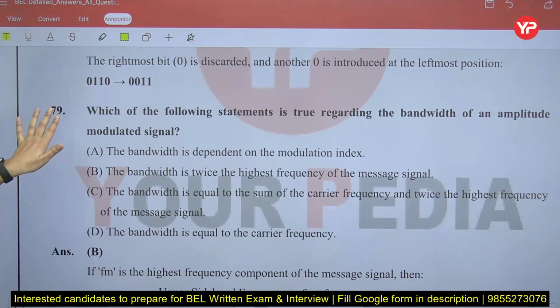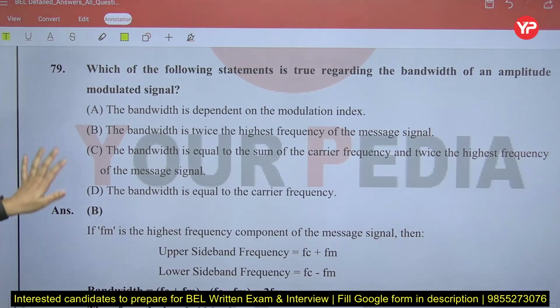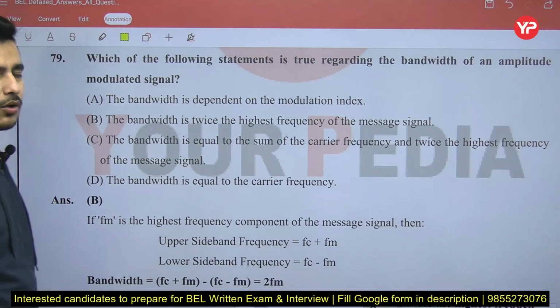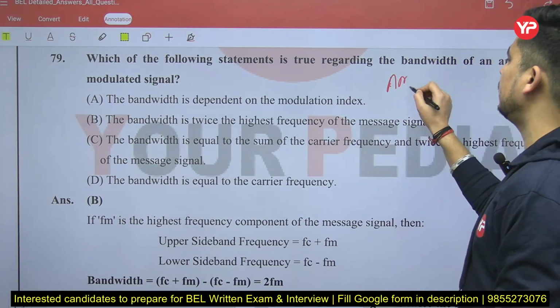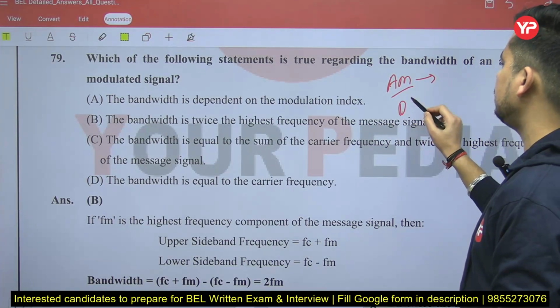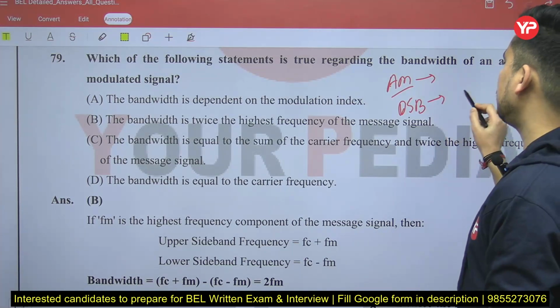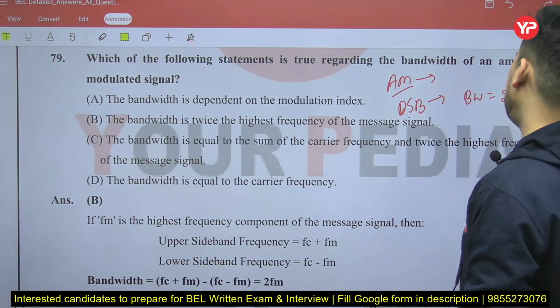Which of the following statements is true regarding the bandwidth of an amplitude modulated signal? Whenever we talk about the bandwidth of an amplitude modulated signal, either full AM, conventional AM, or DSB, both have the same bandwidth. The bandwidth is twice the message signal bandwidth.